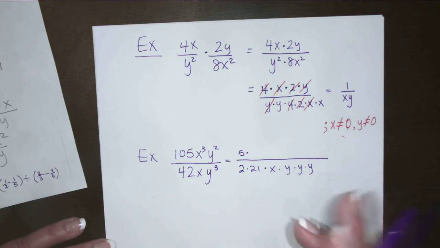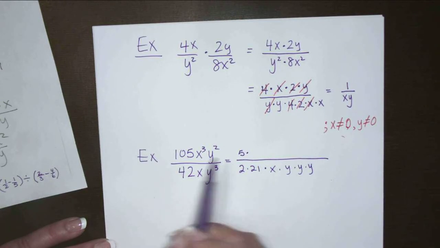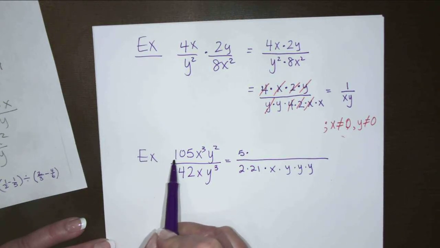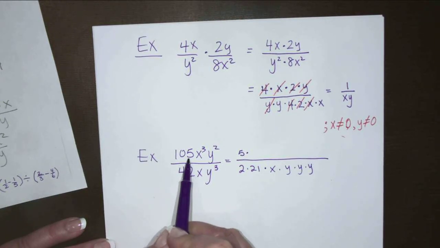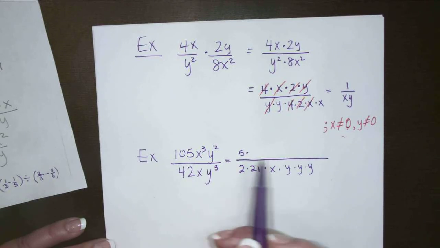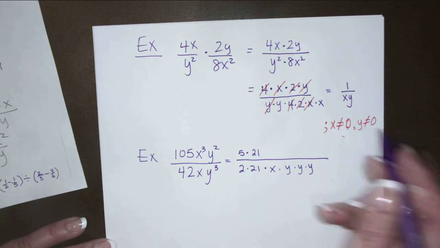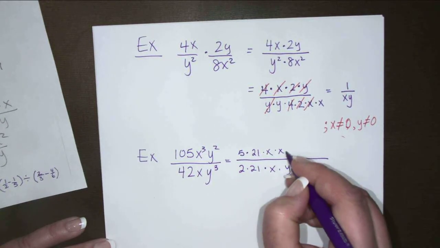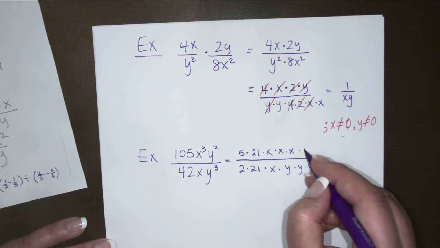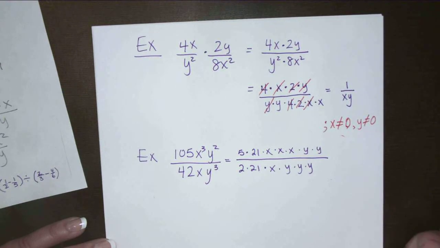And so you could do long division to get that 5 out, but you can also look here. 5 goes into 10 how many times? 2, and 5 goes into 5? 1, so 21. That'll also work. Three x's and 2 y's.